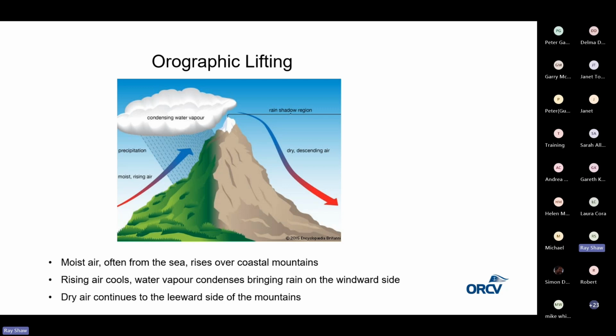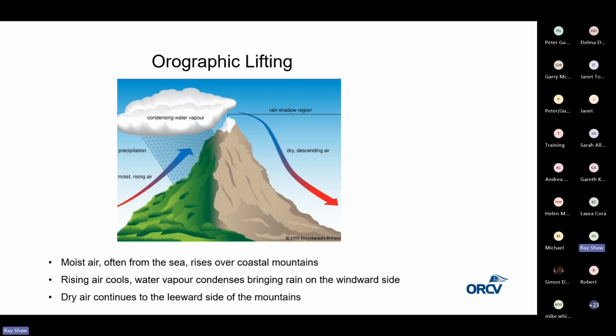The wind coming from the west, picking up moisture from the Tasman Sea, rising up over the mountains on the west coast of the South Island of New Zealand, dropping all its rain on the west coast, and producing very lush vegetation, even in glacial conditions.